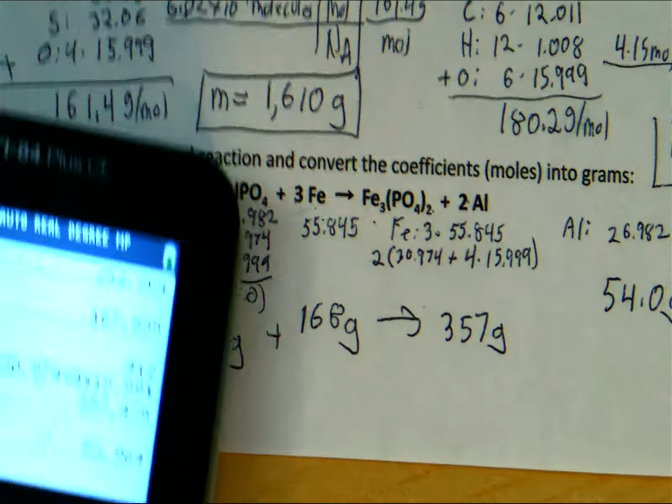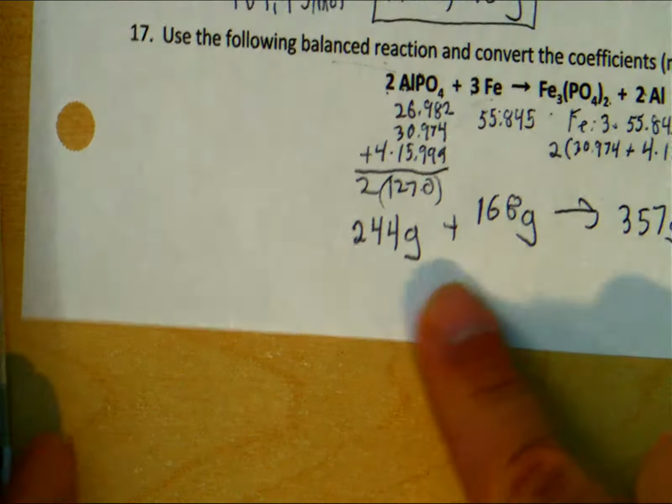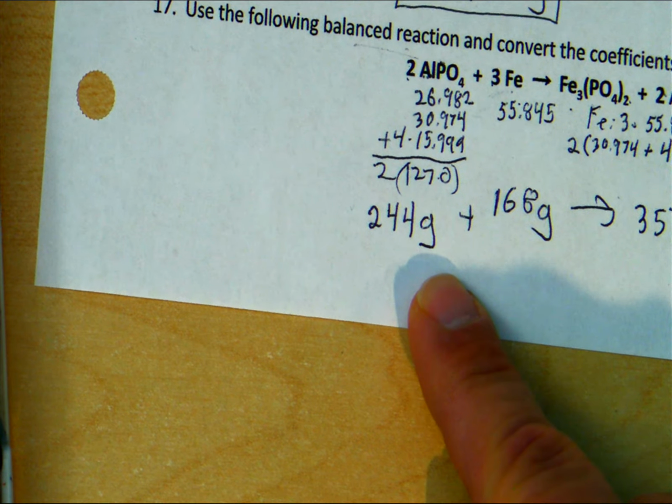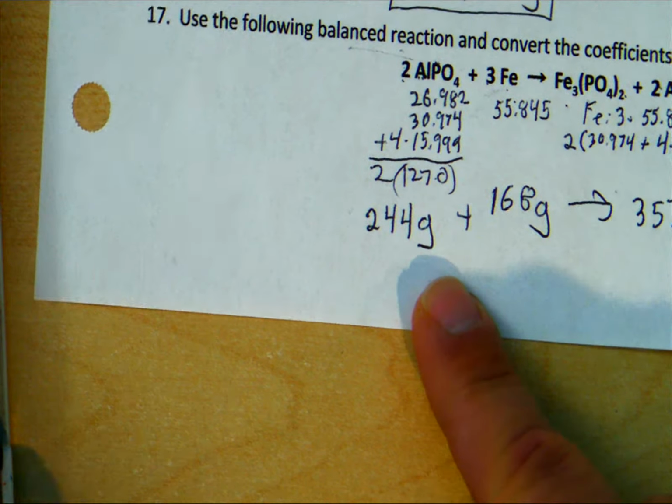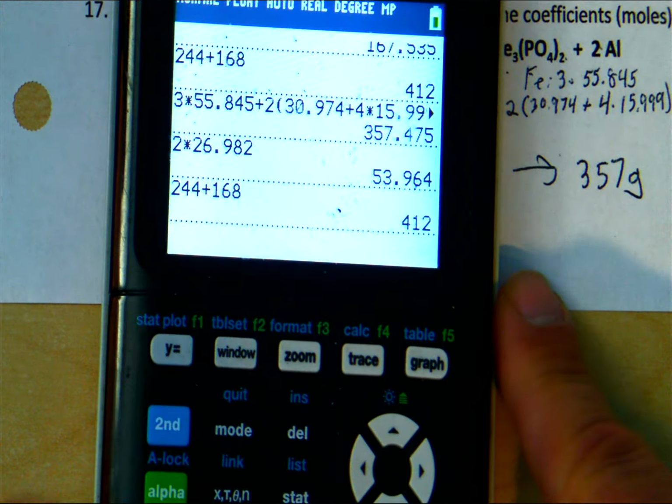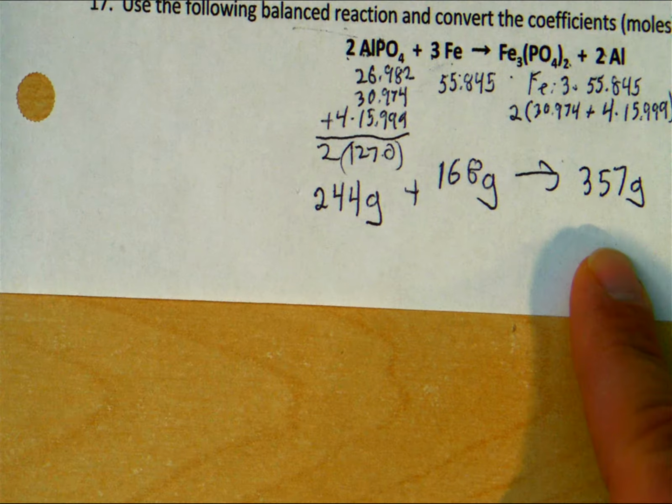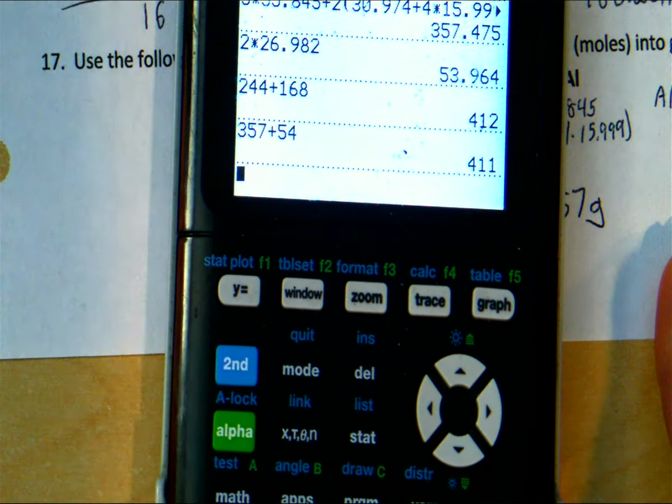Now, I remind you that on the left, I had 244 plus 168 added up to 412 grams. On the right, 357 plus 54 add up to 411 grams.